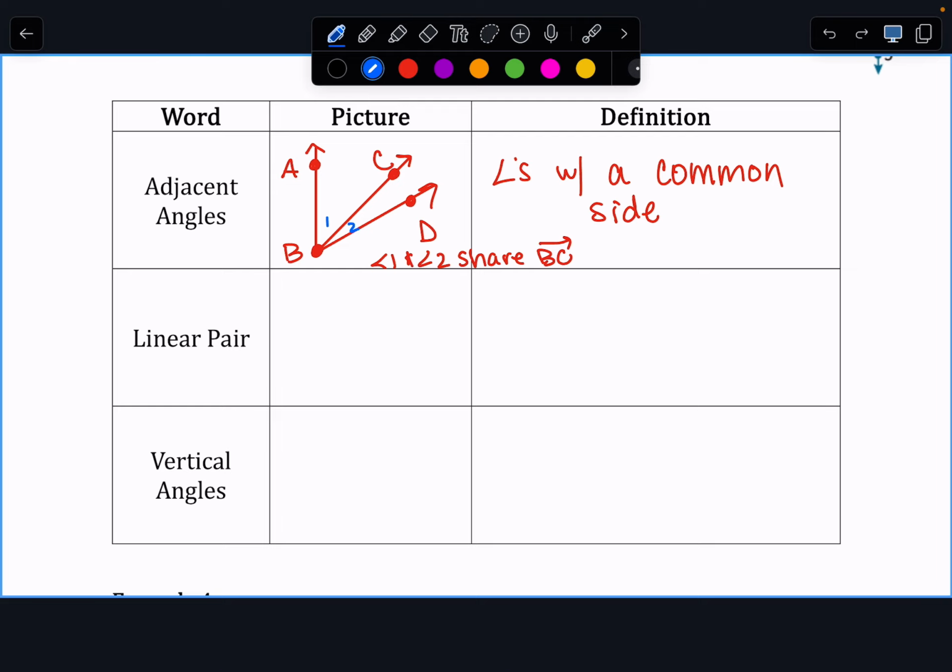All right. Linear pair. What word is hidden inside of that? So what do you suppose this pair create?